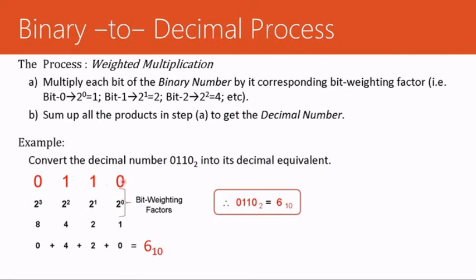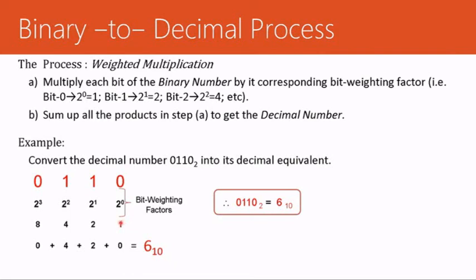Again, we have 0, 1, 1, 0. And our rightmost bit will start with 2 raised to 0, equal to 1, followed by 2 raised to 1, equal to 2, followed by 2 raised to 2, equal to 4, and 2 raised to 3, equal to 8. And we are going to get the product of each bit.